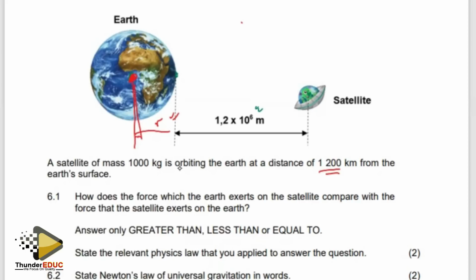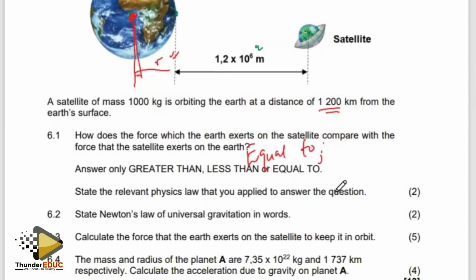So here we must go for equal to. Answer only greater than, less than or equal to. Just equal to. Do we need an explanation? No. But if somebody needs to know why, when an object A exerts a force on an object B, B must also react by applying the same force but in the opposite direction. Down here they're telling us to state the relevant law.